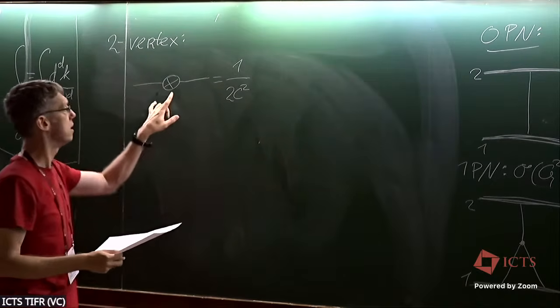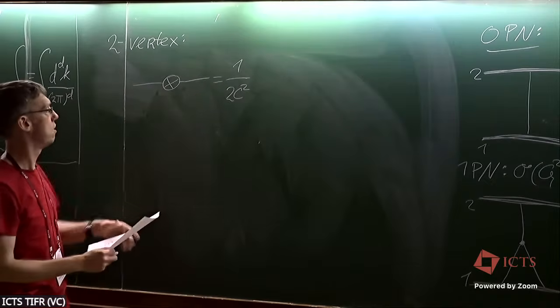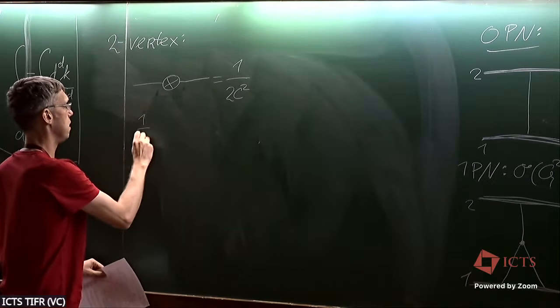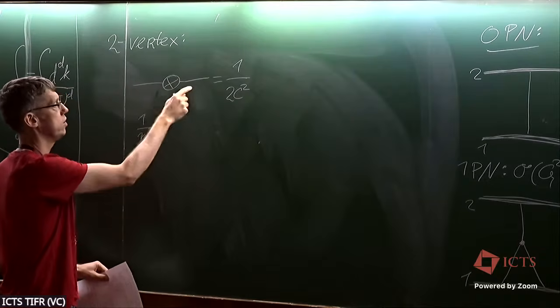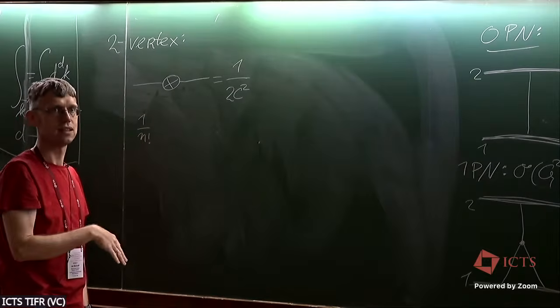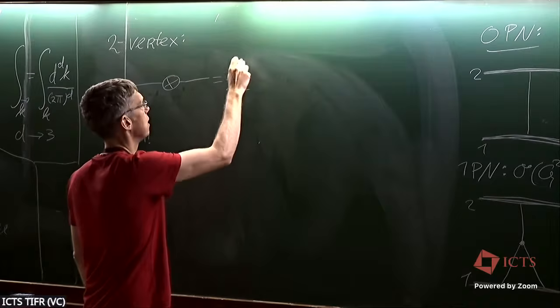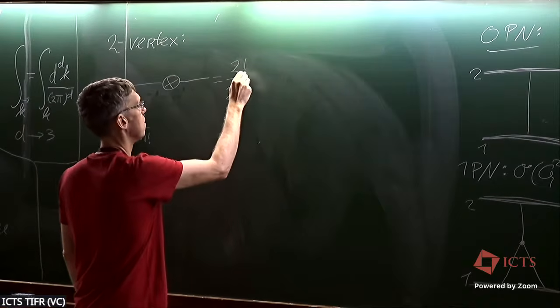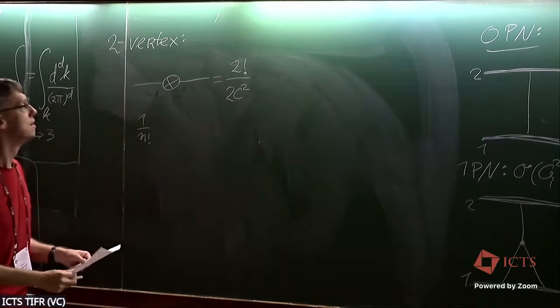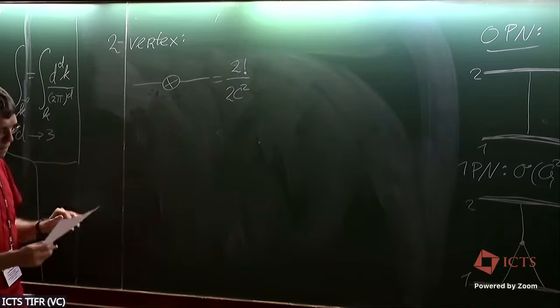However, it's conventional to extract a factor of 1 over n factorial for each leg going out of a vertex, right? So that's usually the convention to keep track of the symmetry factors, which means we have to multiply this by 2 factorial, 2 coming from the fact that it has two lines, basically.